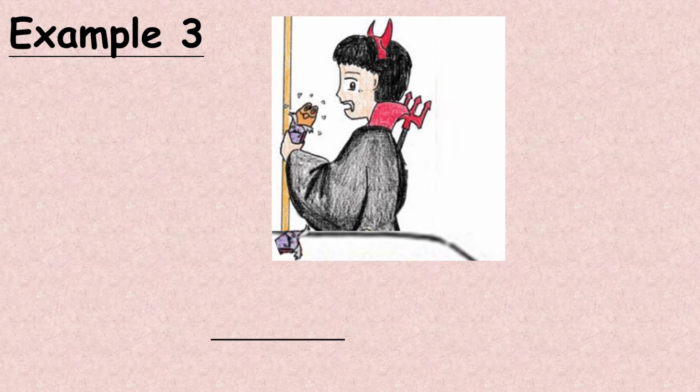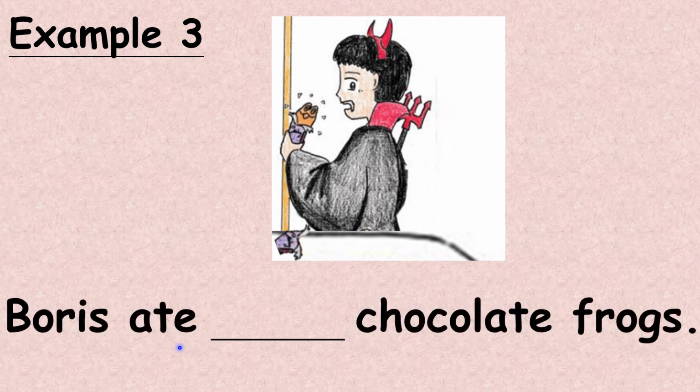Example 3. Boris ate blank chocolate frogs. Is the answer a little, a lot, or a few? The answer is a few. Boris ate a few chocolate frogs. Let's look at why we used a few.